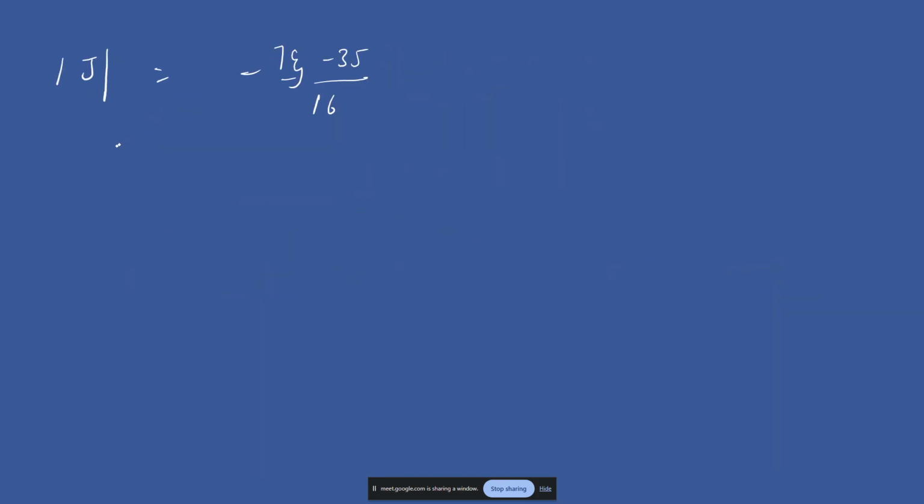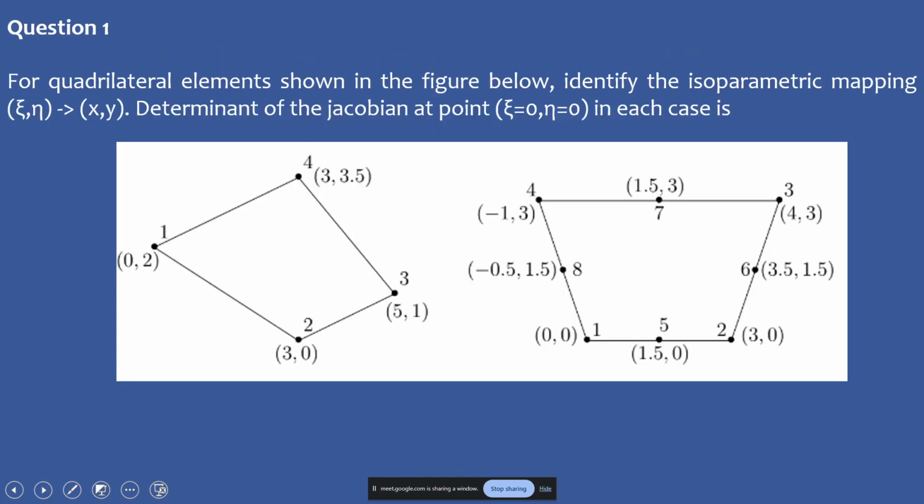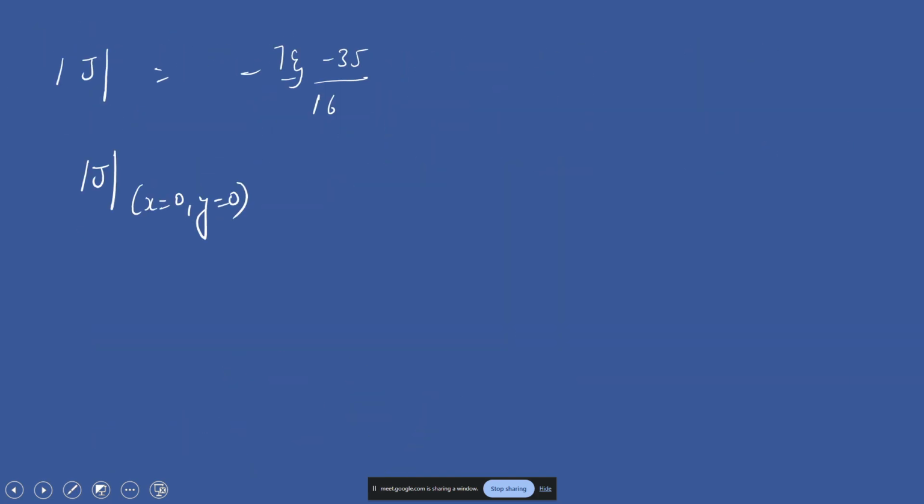So for that part, you can calculate your Jacobian at xi equals 0 and eta equals 0.